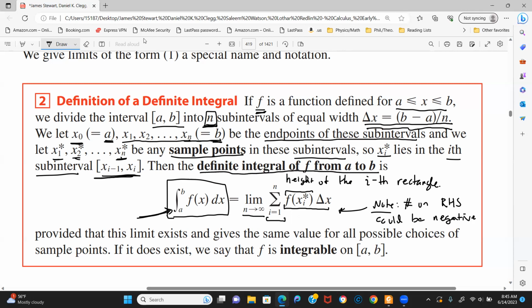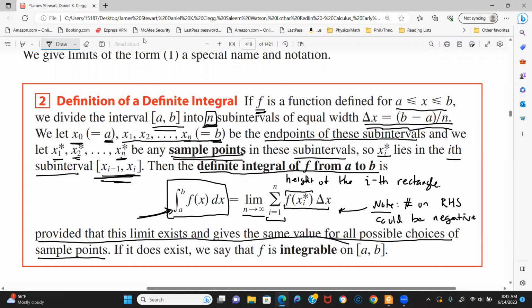It's defined to be this if the limit exists, and it has to be the same value. Notice there's a choice of sample points. You need this to work for all possible choices of sample points, so that's a pretty strong requirement. You divide a comma b into subintervals, and you can choose any points in the subinterval.